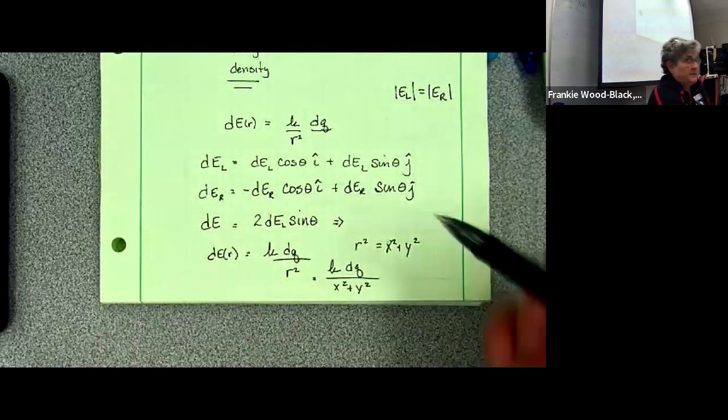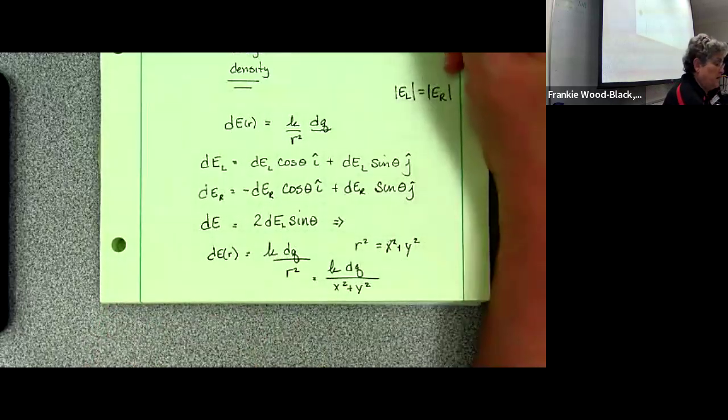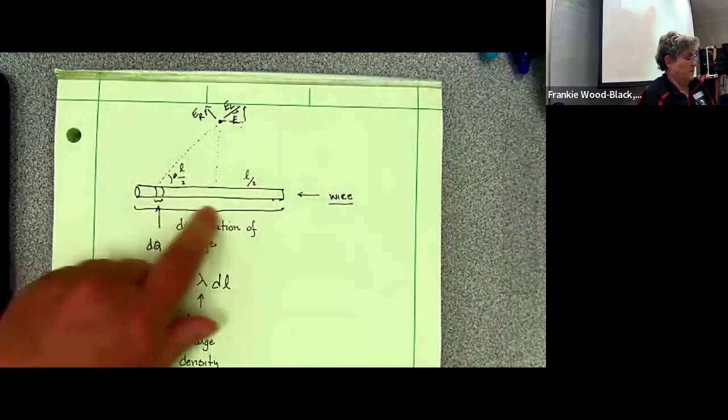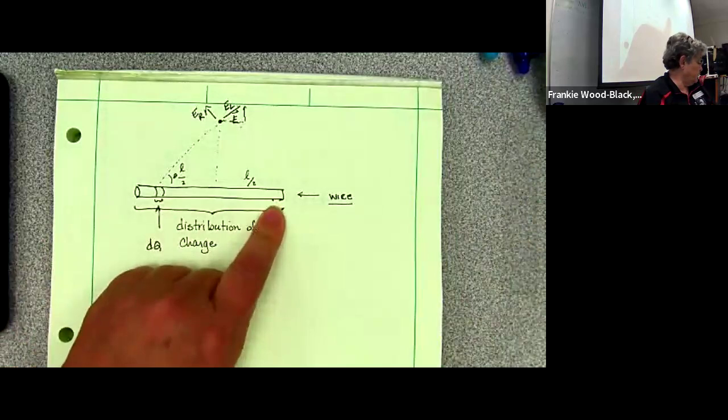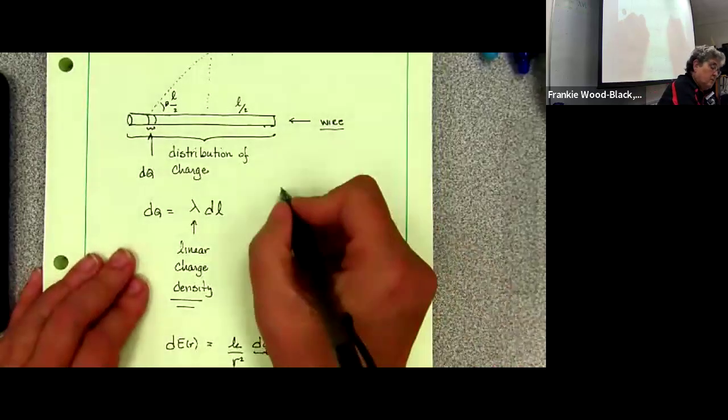So what happens with this is that your tough part is setting up those little incremental portions of your line of charge.